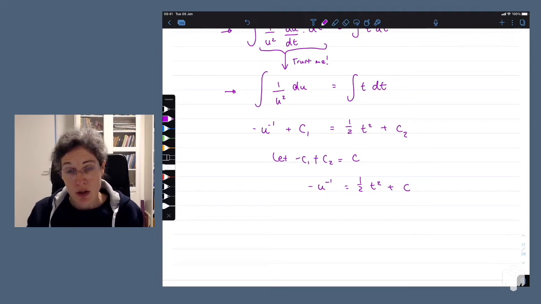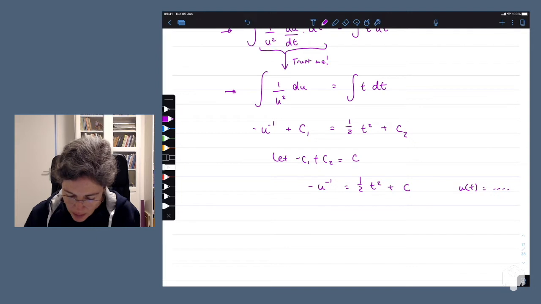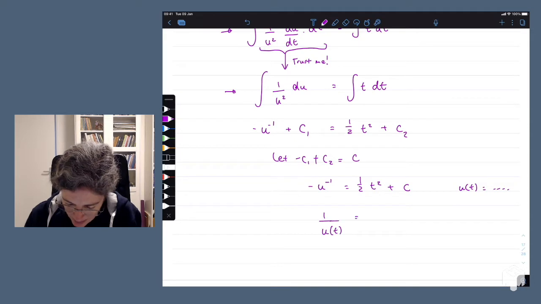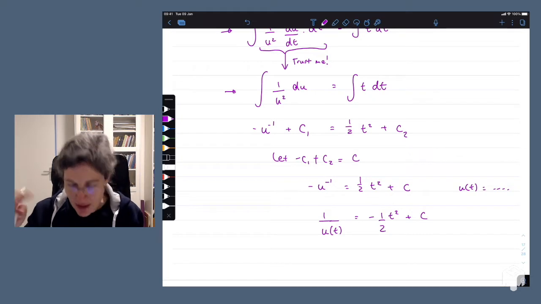Remember where we want to go with this. We want to have a solution of the form u of t equals some stuff just involving t's. So we need to do a little bit of work. We've got 1 over u of t is equal to minus a half t squared plus c, where I'm just multiplying the original c by a minus sign.